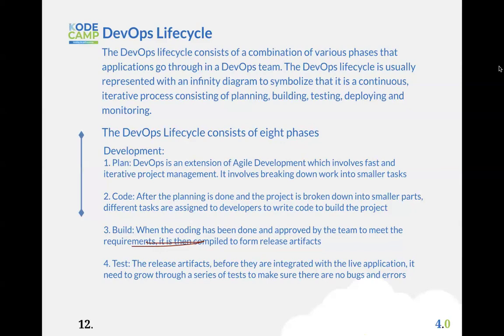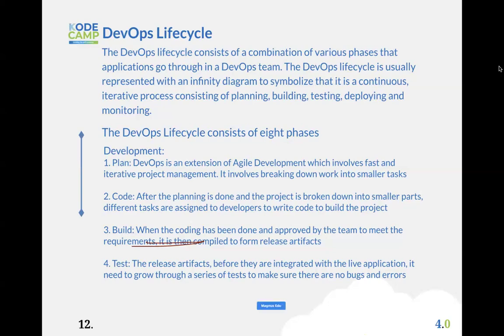You work with product management tools to create epics, create sprints, and plan out your product development, product releases, and the various features that you're building. Then after the coding phase, you go to the building phase. The coding phase is when you write your code.